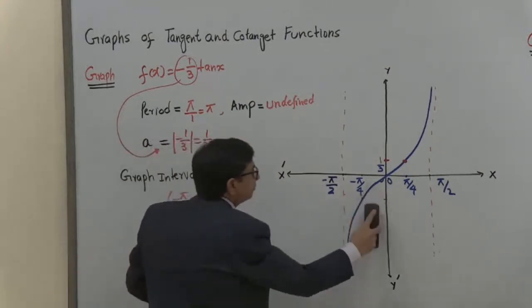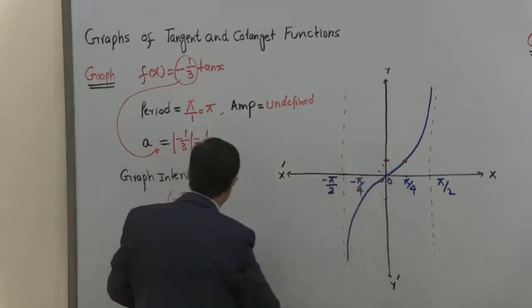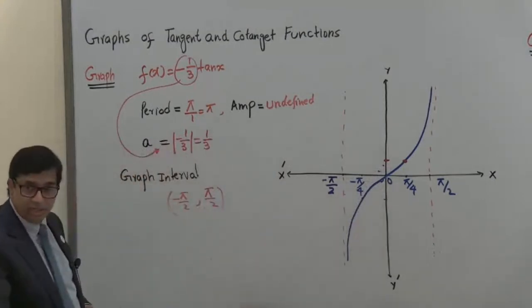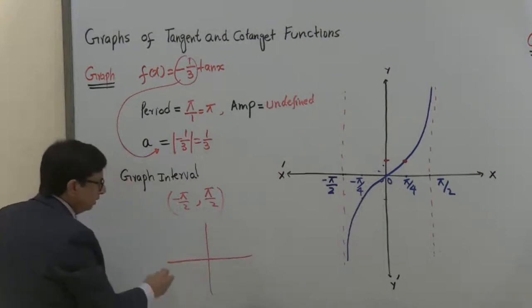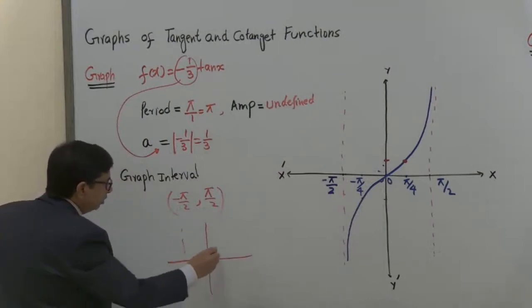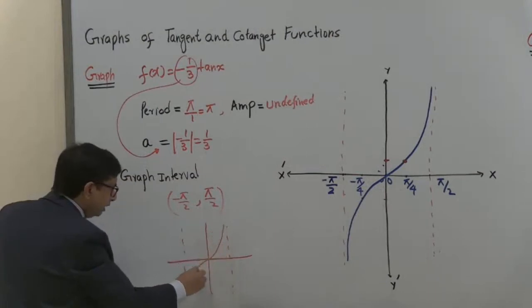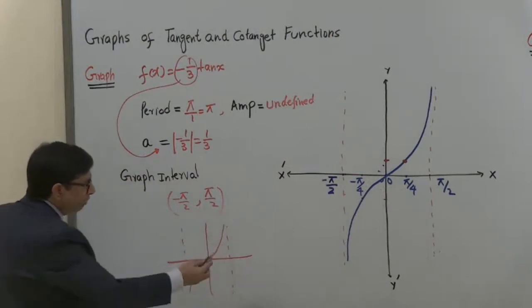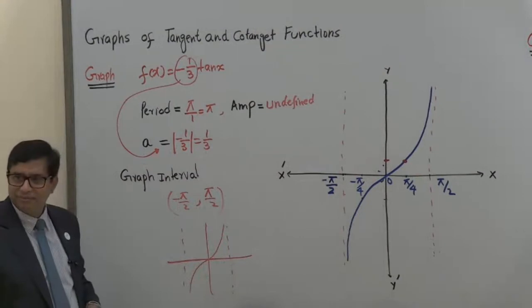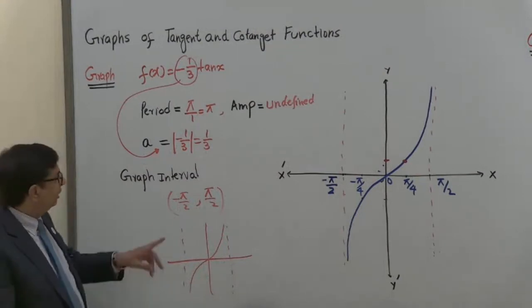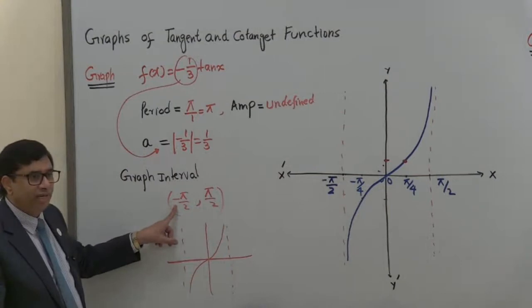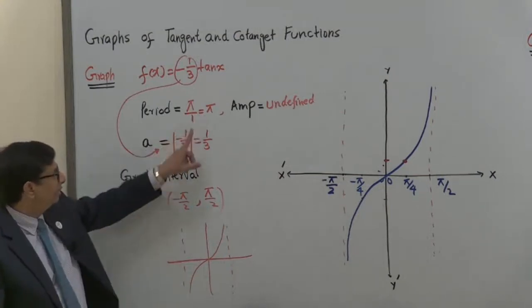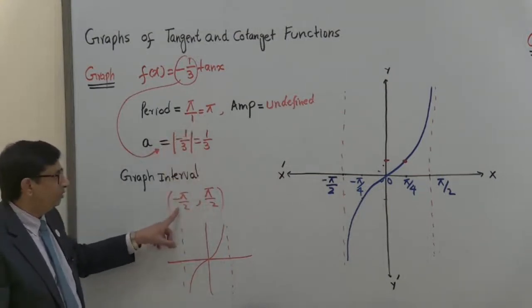Okay. Now what should I do? How to construct the graph for this one? Always go like this, asymptotes, because this is a tangent function. The graph comes between these two asymptotes, and then mark it. Okay. So here, the graph interval is important to define, and this is half of the period, pi over 2, negative pi over 2.